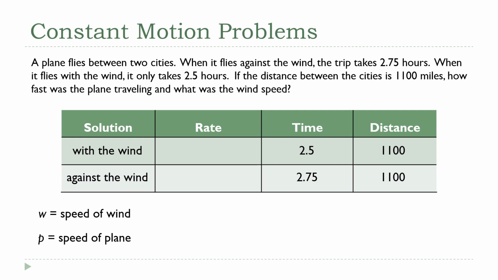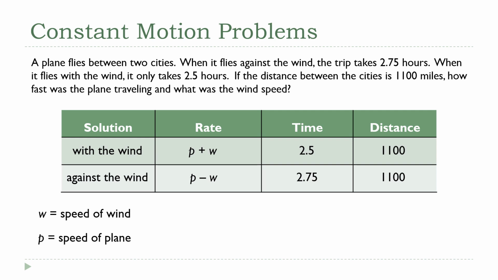It's pushing the plane forward and speeding it up. So the total rate in that scenario is going to be P plus W, the speed of the engines plus the speed of the wind. Going against the wind is the other way around. Now the wind is in the face of the plane, and it's slowing it down. So in this case, the net rate is going to be P minus W.